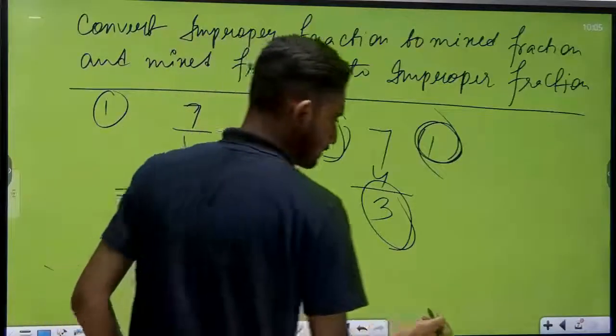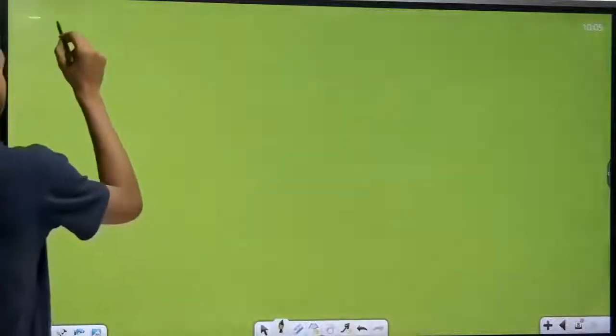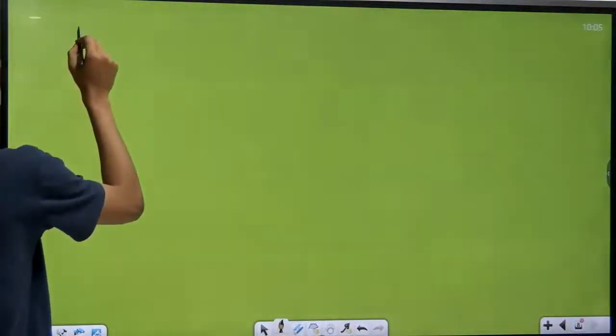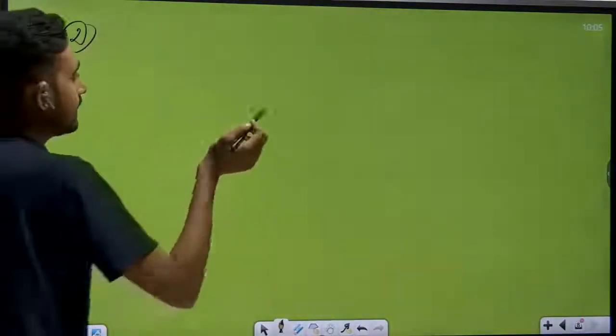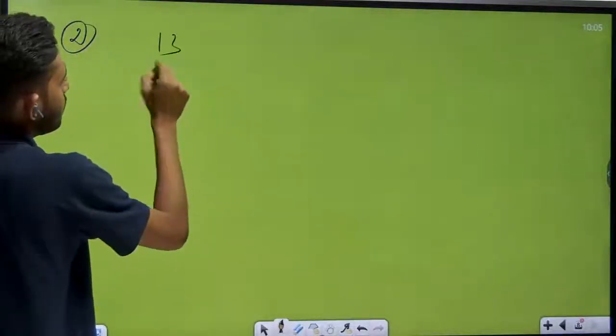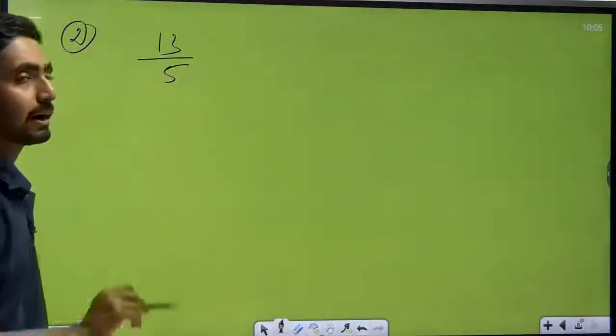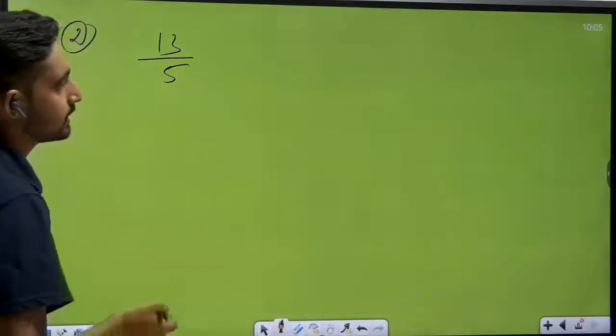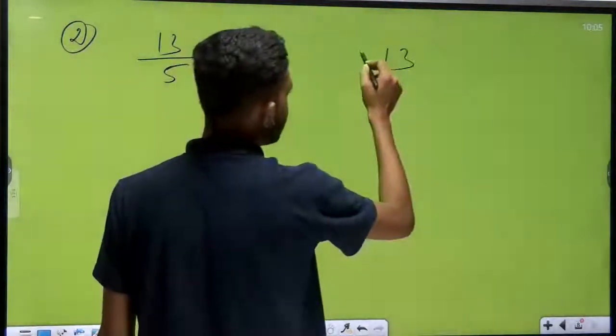Okay, another question I'm taking. Suppose if I say another example, 13 upon 5. Now I will convert and tell me the answer fast. 13 upon 5. If I divide 13 by 5, then 5 2s are 10. 13 minus 10, that is 3.